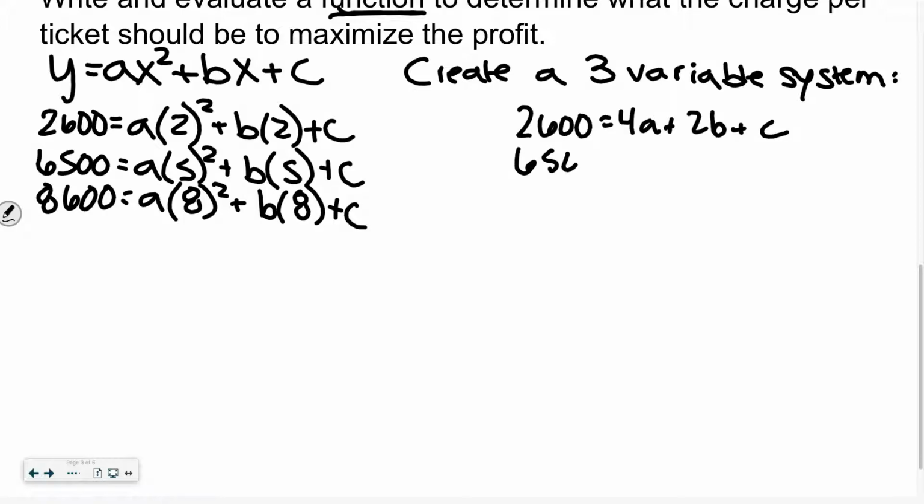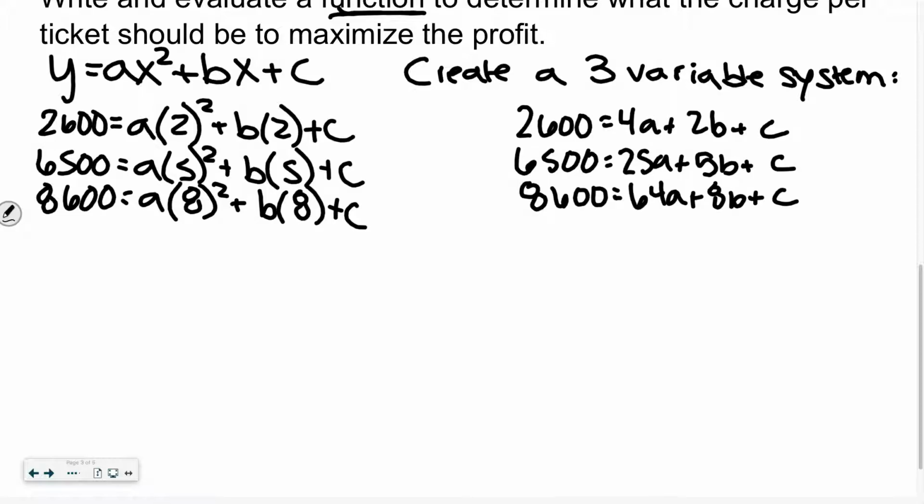And 6500 equals 25a plus 5b plus c. And 8600 equals 64a plus 8b plus c. And there's my three equations with three variables, a, b, and c.